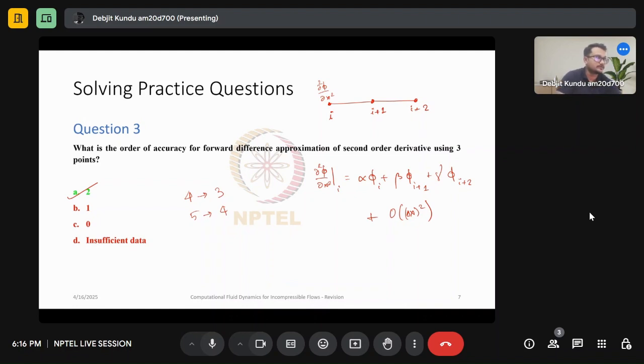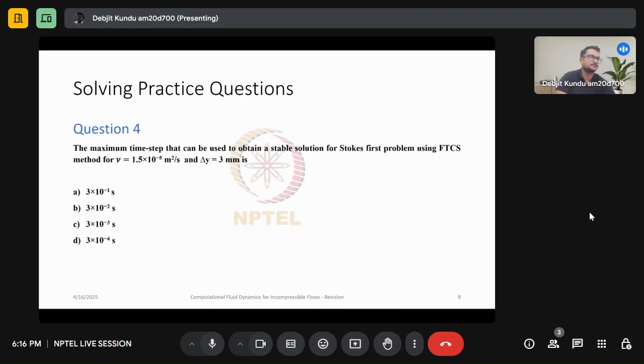Okay. So moving on, we'll move on to question number 4 now, which is a numerical type question asking us what is the maximum time step that can be used if you're trying to obtain a stable solution for Stokes' first problem using a FTCS method with so and so parameters.